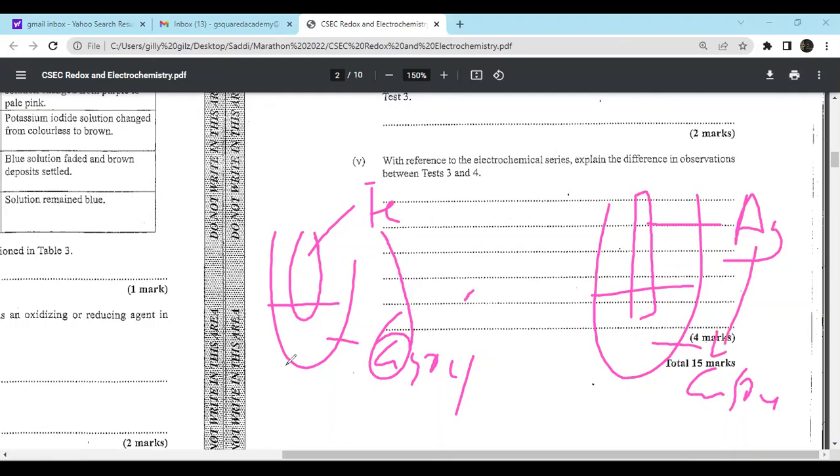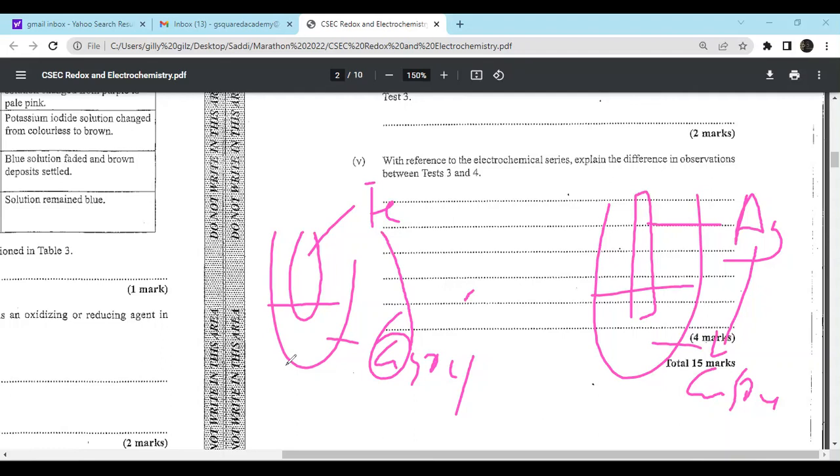In this case, the copper did not displace the iron. So what is happening? It is pretty straightforward. Iron is more reactive than copper. Silver is less reactive than copper. How do I know this? Because in the electrochemical series, iron is above copper and copper is above silver. Full stop. 4 marks. That's it.